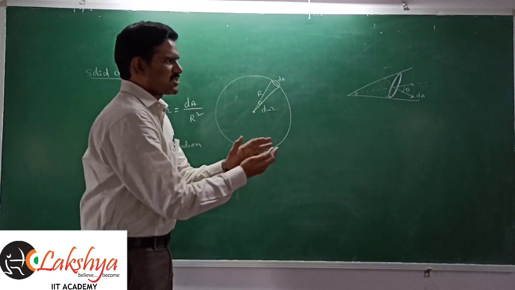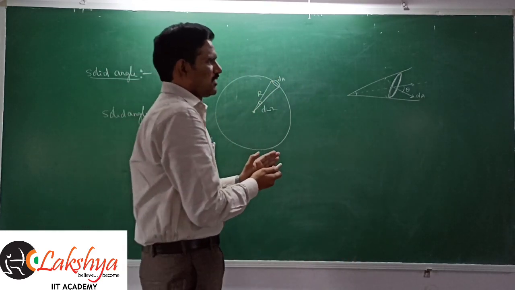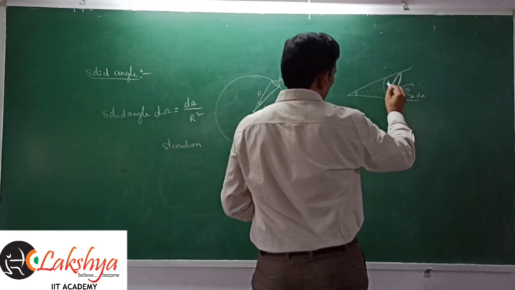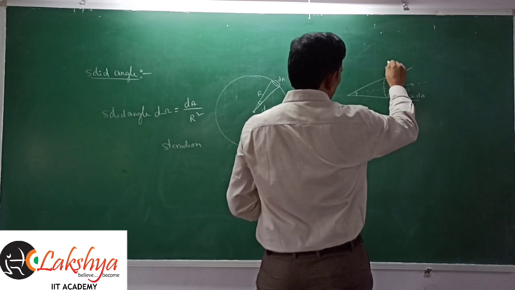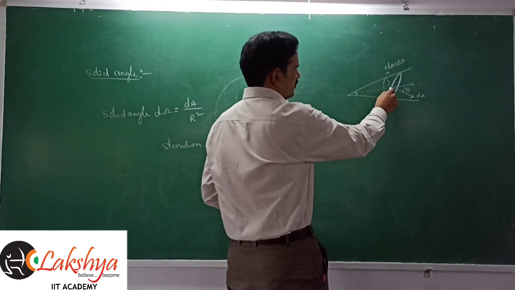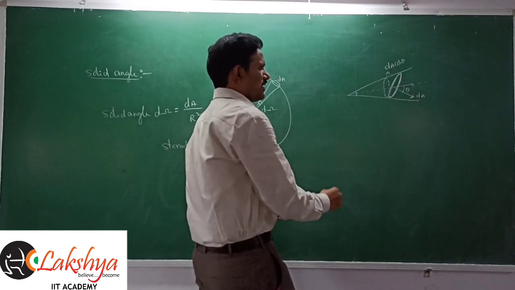So in that case we just need to take the projection. The projection gives a perpendicular area element, and because the angle here is theta, that element will be dA cos theta.